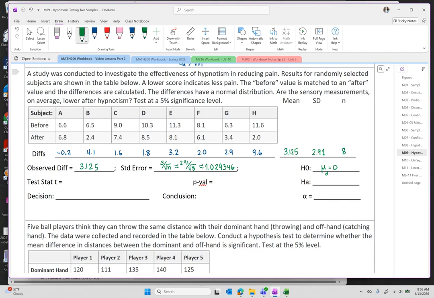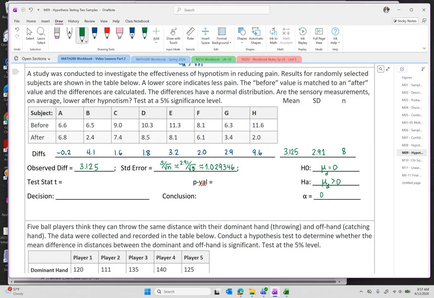And the alternative hypothesis is what I'm trying to check, whether the sensory measurements on average are lower after hypnotism, which means that the difference between before minus after will be a positive difference. So our alternative hypothesis will be whether the mean of the differences will be a positive quantity to indicate a higher before pain and a lower after hypnotism pain.